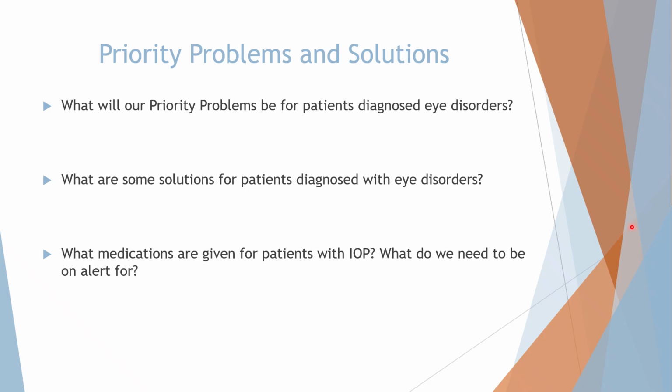That is our ultimate goal, to get that pressure down. There are several medications, which we'll go over in just a minute. If those medications are not effective, they may need some laser treatment or shunts to decrease the glaucoma.